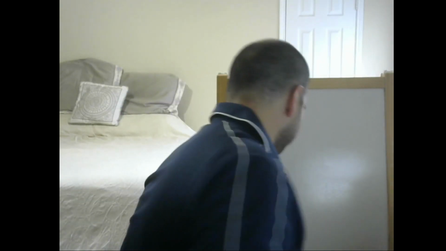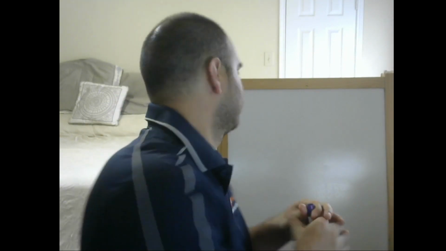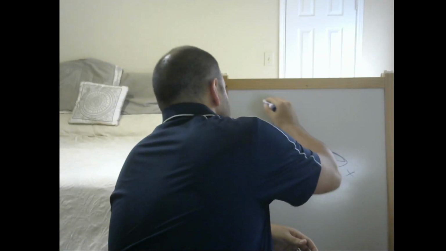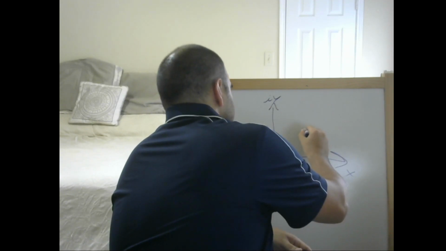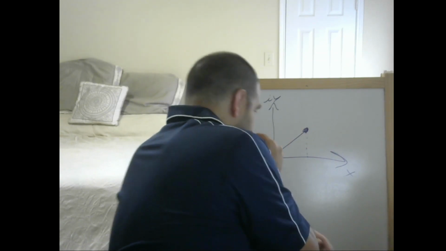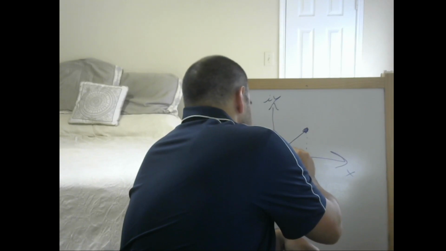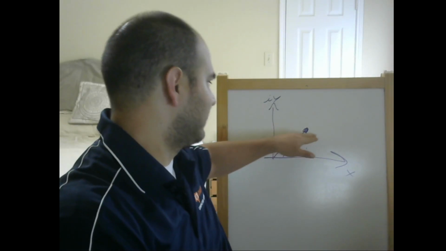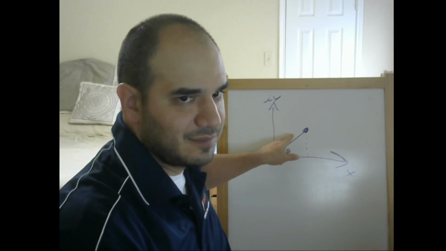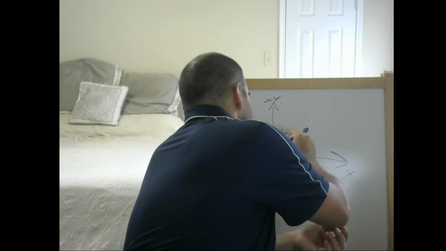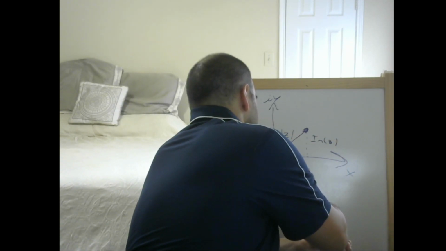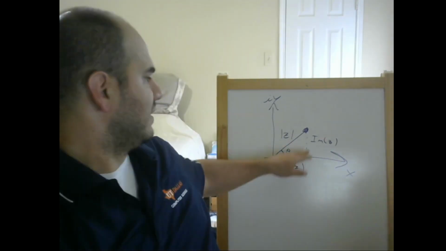Okay, so this is theta. This is your value y, this is your value x, and then this is your modulus. So it's a triangle.